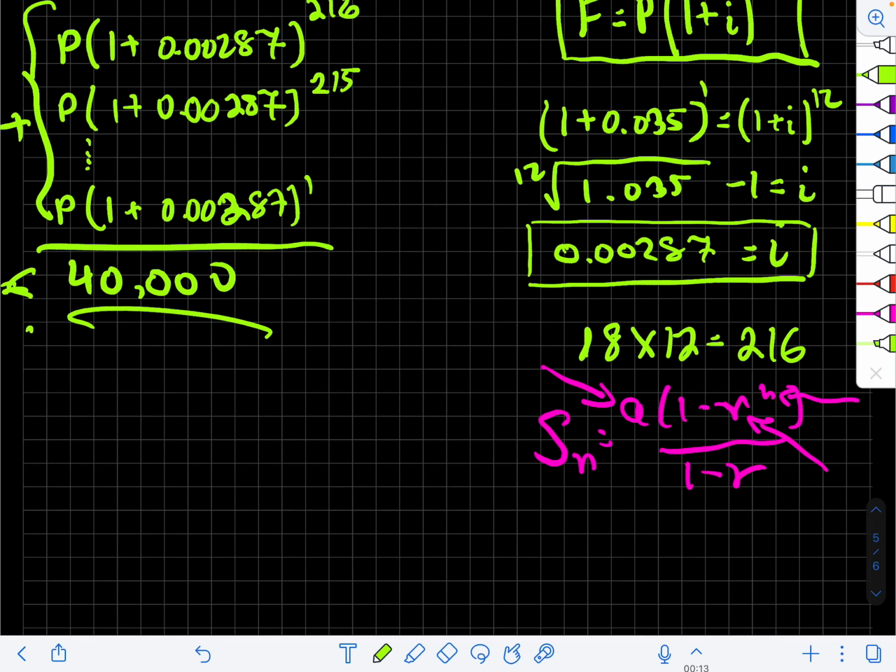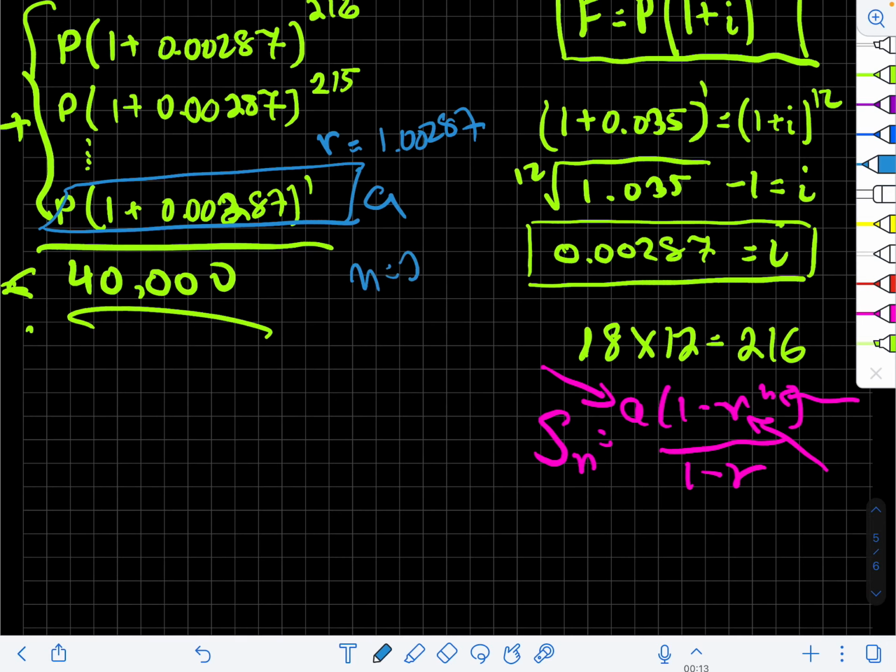First of all, I'm going to call my last installment A. I also know that from term to term, I'm multiplying by the bracket. So my r for the formula is just the bracket, 1.00287. And the number of terms, we have 216, so the n in the formula will be 216.